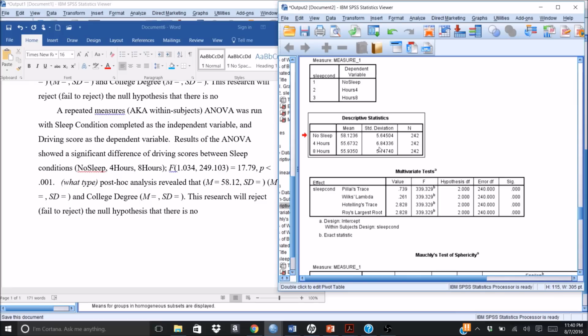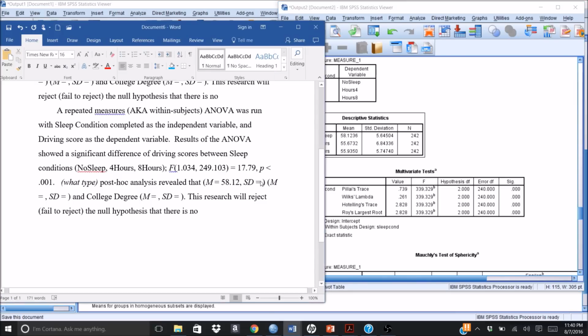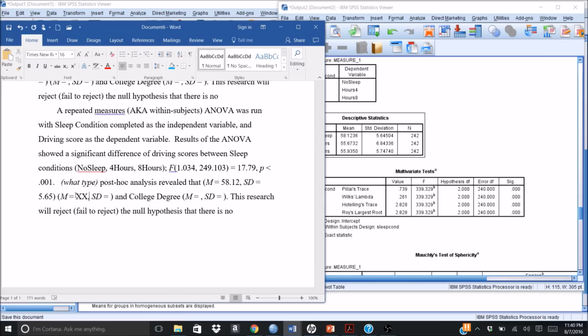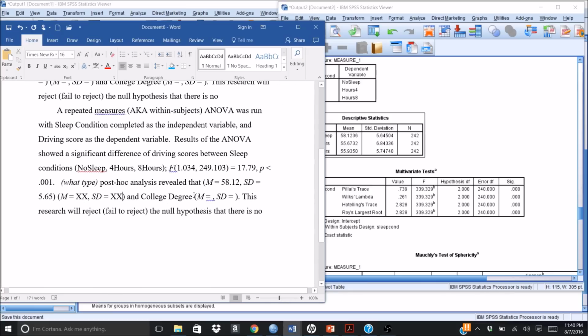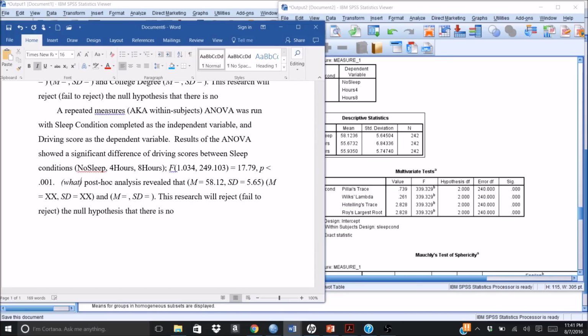I've got it right here. 5.65. And then I can fill in all the rest, which for the sake of time I'm going to do a little faster here. Okay, so what type of post hoc did I do? I actually did Bonferroni.